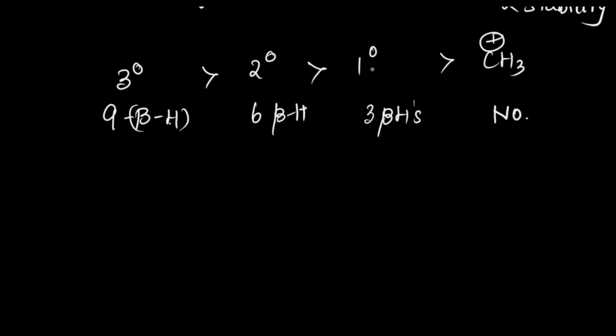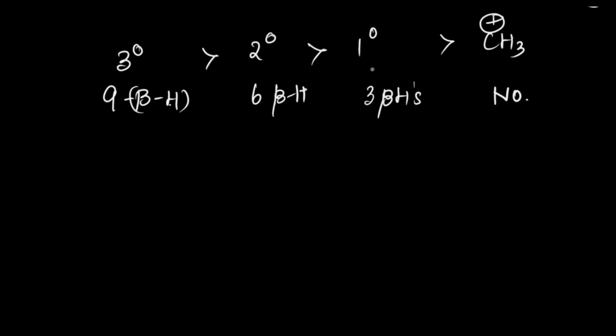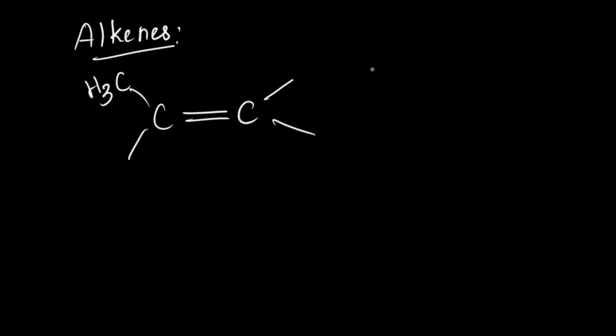Okay, so let's move on to alkenes. What happens to alkenes in case of hyperconjugation? Here you can see, let me take CH3 as one of the substituents.